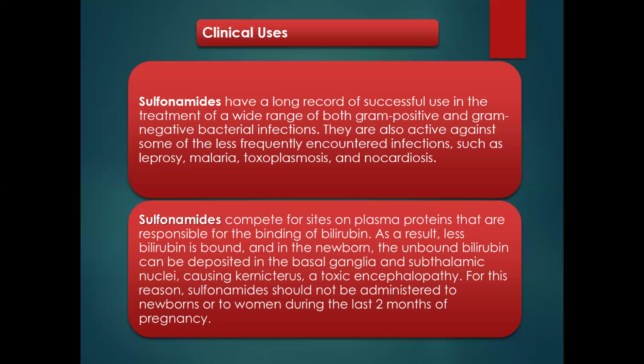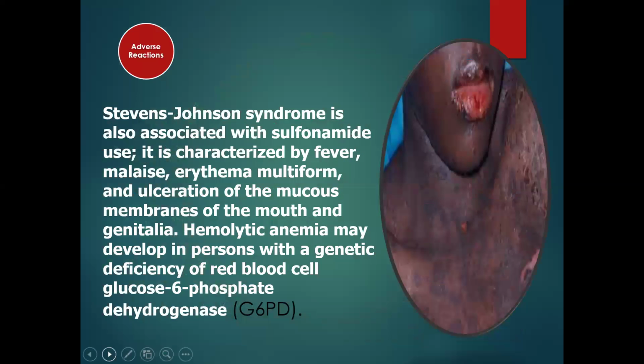It's also worthy of note that sulfonamides have what we know as a broad spectrum of antibacterial activity. It means they have a bacteriostatic effect on various gram-positive and some gram-negative bacteria.